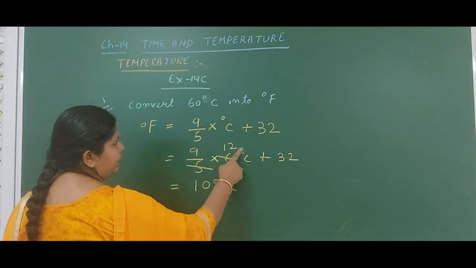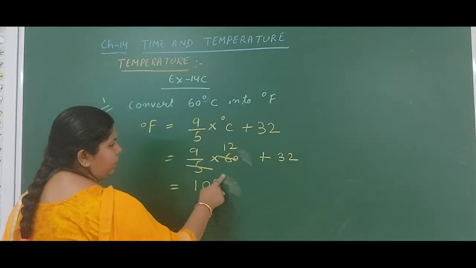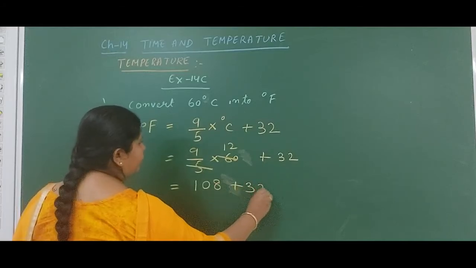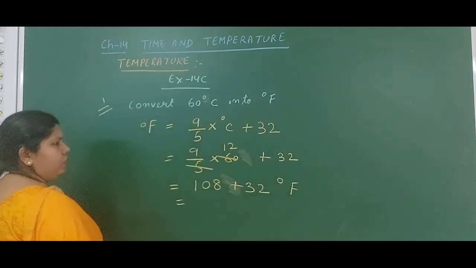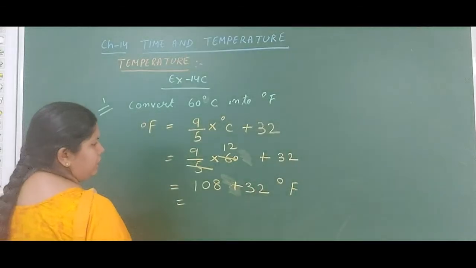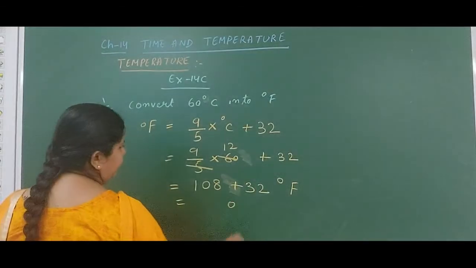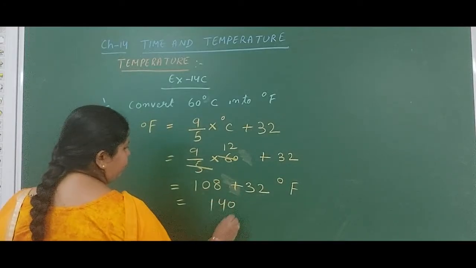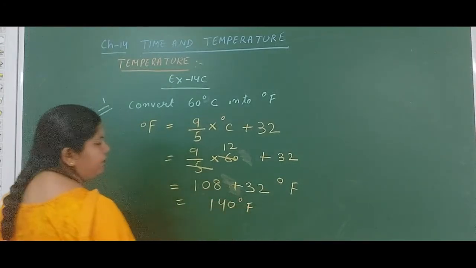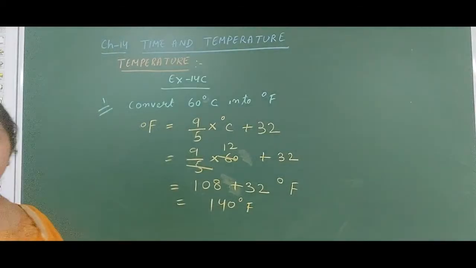Don't use centigrade after this, just 108. Then 108 plus 32, and here you write degree Fahrenheit. 8 plus 2 is 10, carry 1. 1 plus 3 is 4. So 140 degrees Fahrenheit is the final answer.